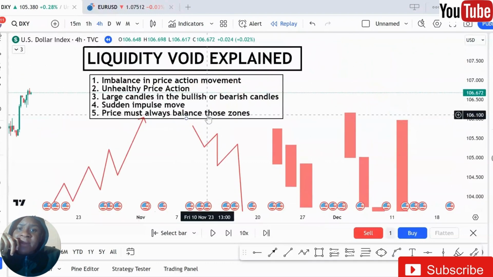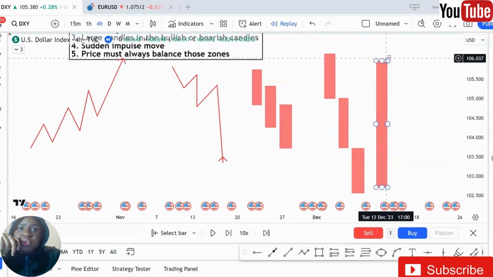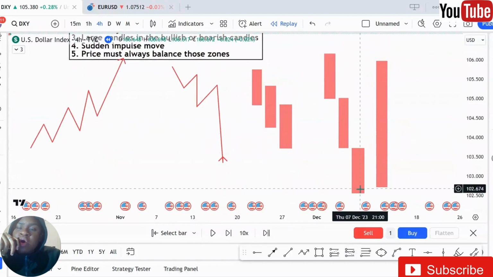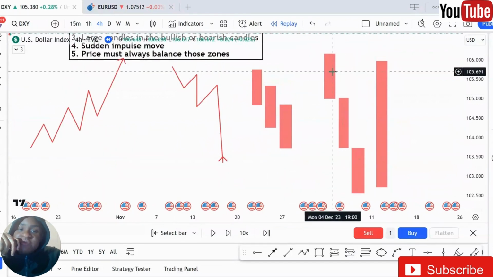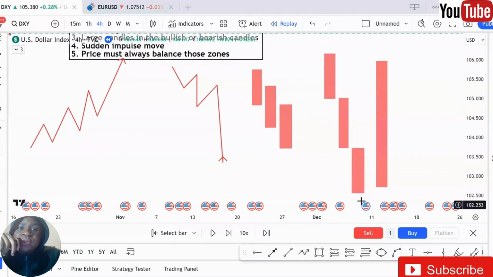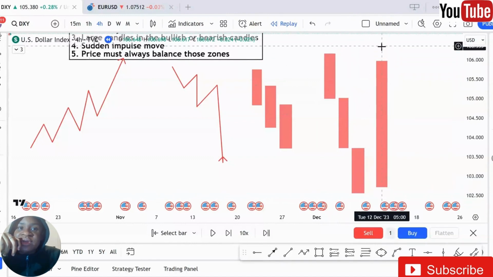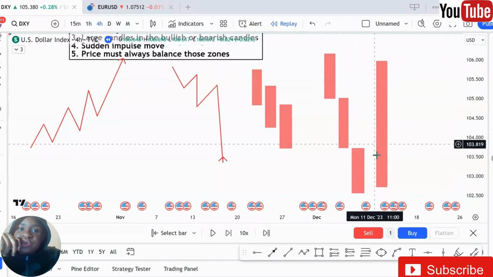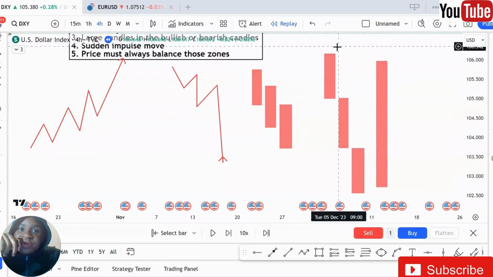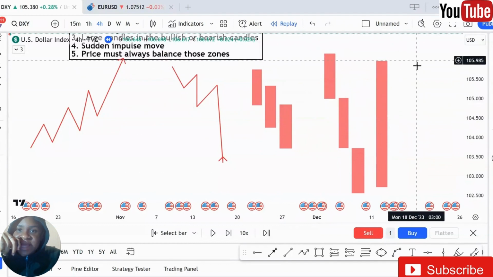Price must always come back to fill those zones, because you cannot waste money and sell your orange that is worth $200 for $50, for a bearish move. So you will patiently wait for price to come back to that $200. That's why I always say the market will always come back to fill up a liquidity void. Price will come back to that $200, then you can continue your selling as normal price action.